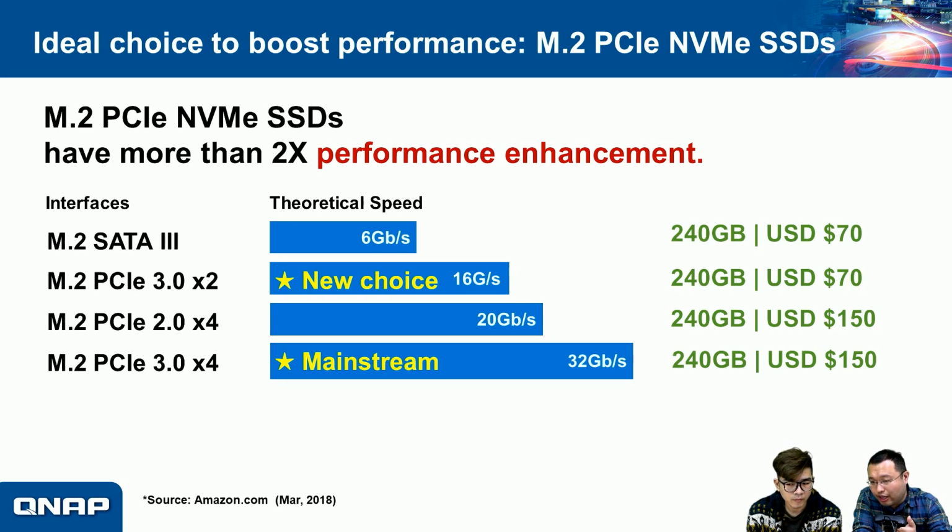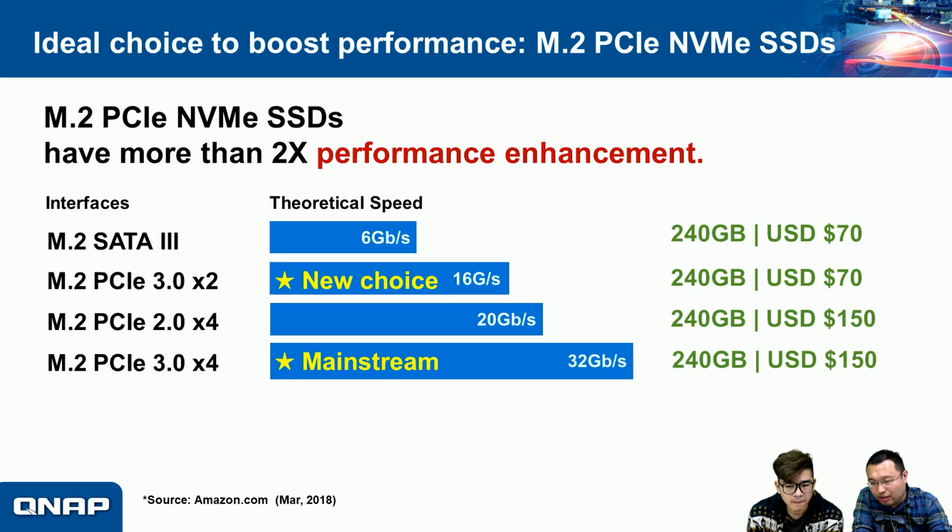But still, it's much faster than the SATA version. And the price is basically comparable. They are pretty much the same price, but the speed is more than twice as fast. So almost 3 times faster. So this is probably the rising star of the M.2 SSD in the future.